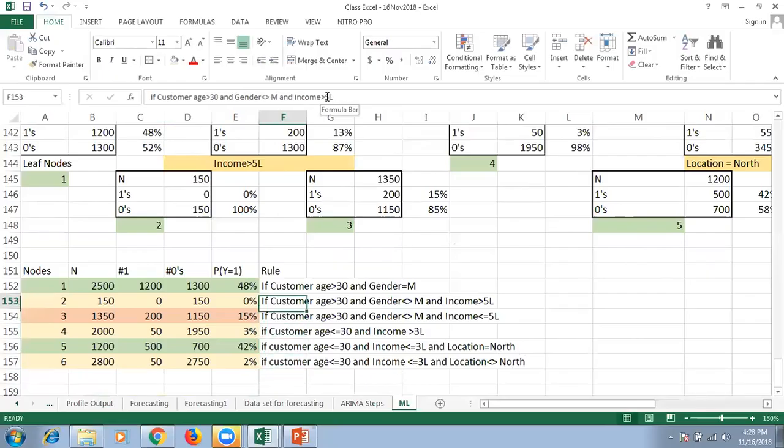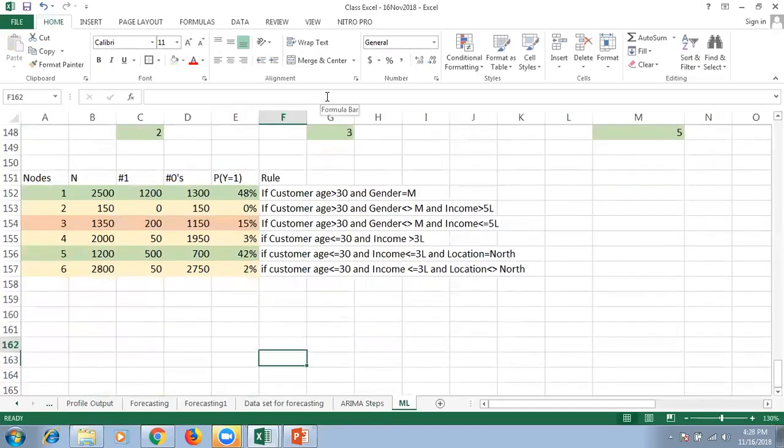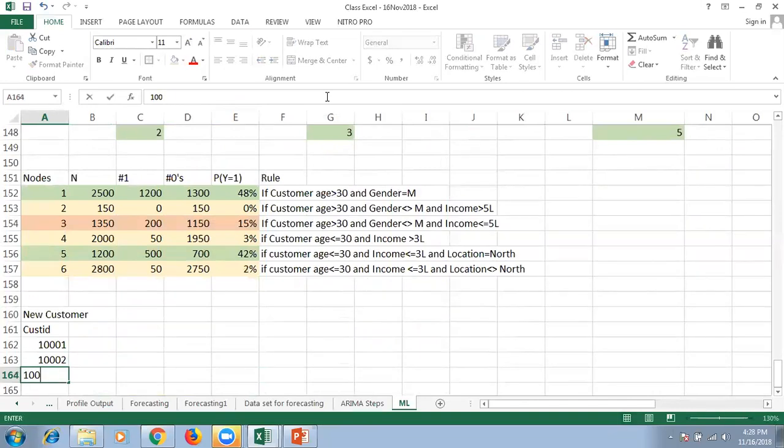So now, if I give new data, for example a new customer's information, I have customer IDs 10001, 10002, 10003. There are 3 customers which I want to predict.